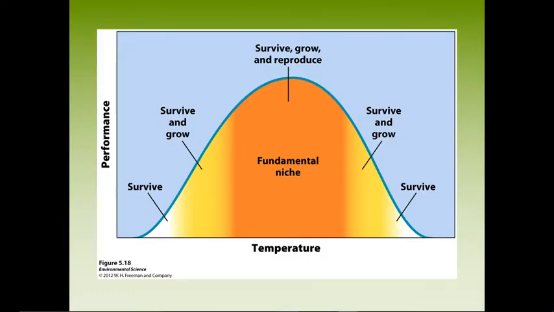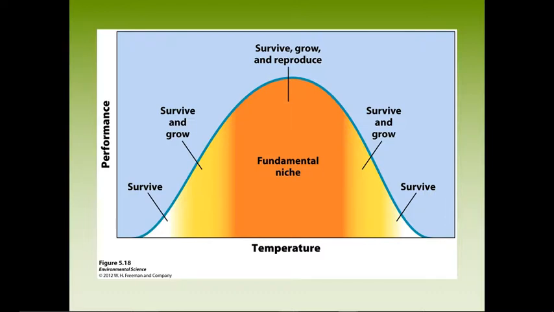So this graph shows the fundamental niche for temperature for a certain species. The entire graph as a whole is the species' range of tolerance, but that part highlighted in orange is their fundamental niche. Okay, all species have their own fundamental niches in terms of temperature of their environment. In this case, this unknown species prefers very average temperatures.